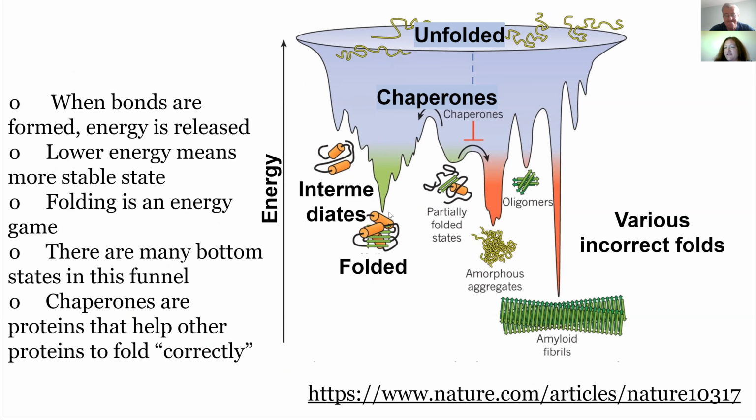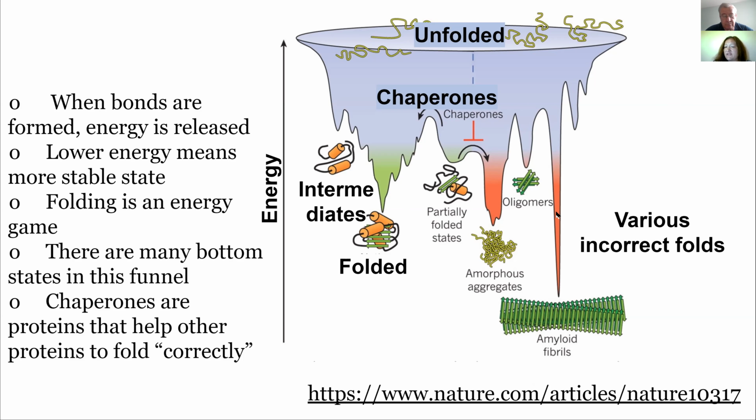In many cases, there are many different stable structures, many different ends to this funnel. These funnels usually don't have just one bottom. In some proteins, as shown in this example, only one of those stable structures is actually a good one that produces a functional protein.